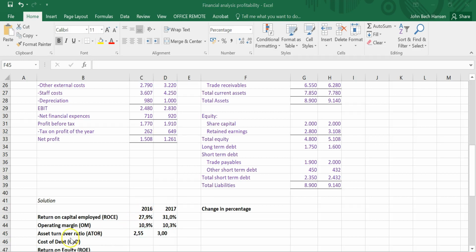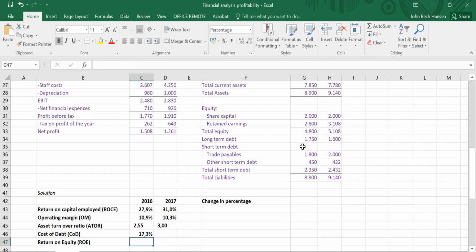The next key ratio, cost of debt, is the percentage of our debt which we pay in financial expenses. I can just show you here how we calculate that. We take the net finance expenses and compare it with, and now I have to put it in brackets, short-term debt plus long-term debt, like this, and I've already marked it as a percentage, so I don't need to multiply by 100.